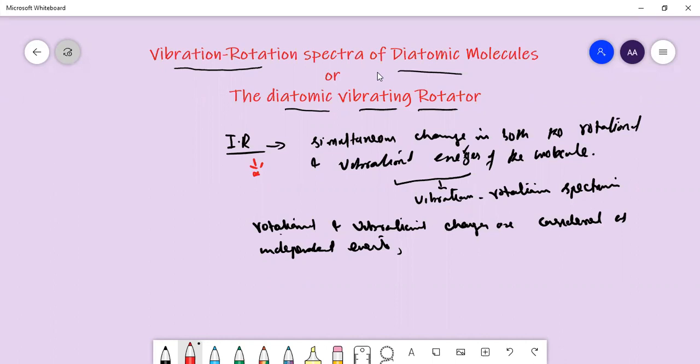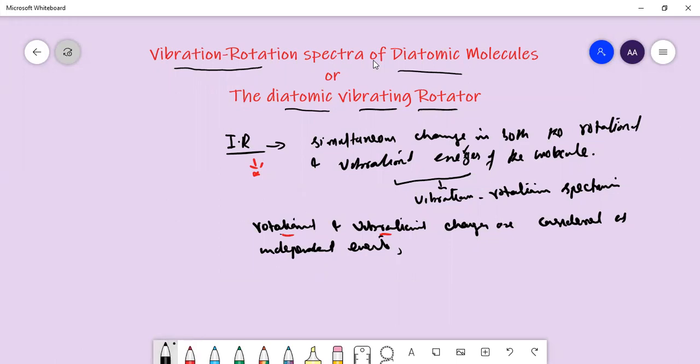The second assumption we are taking here is that the rotational and the vibrational energy changes are quite independent. It means there is no interaction between the change in the rotational and the vibrational energy levels. So what we can say here is that the total change in the energy of that molecule will be the algebraic sum of the rotational and the vibrational energy changes.